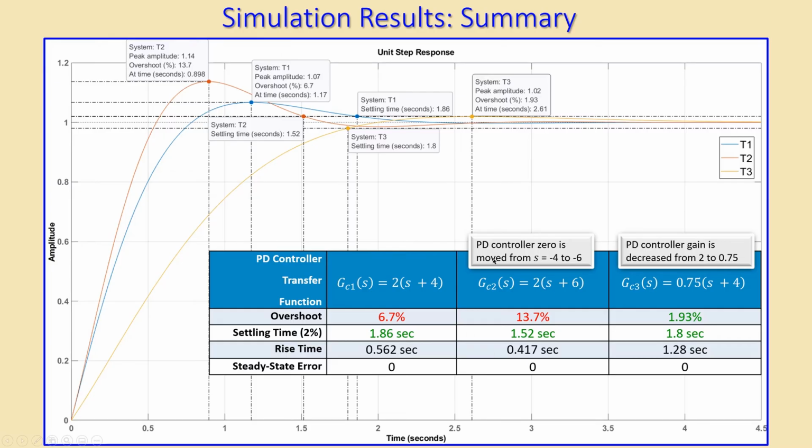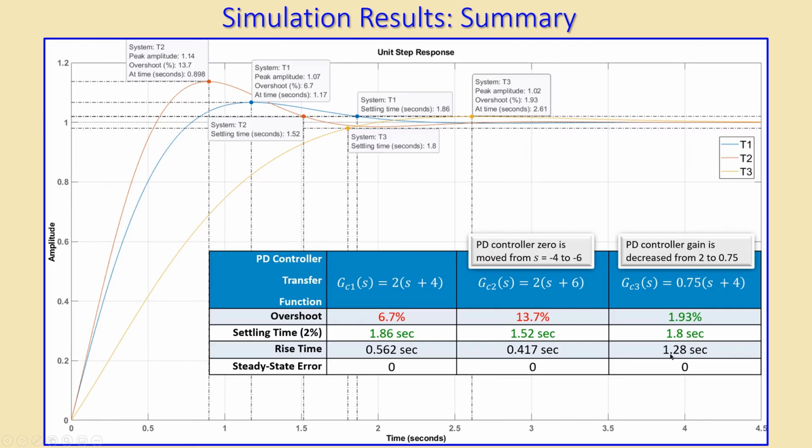That's definitely not the best option, but you can see the rise time is decreasing. But if I go to my end result, which is this controller, I can see that the overshoot is okay, almost 2%, and also settling time is 1.8 seconds. But I can see that the rise time is almost 1.3 seconds, which is way larger than these two values.